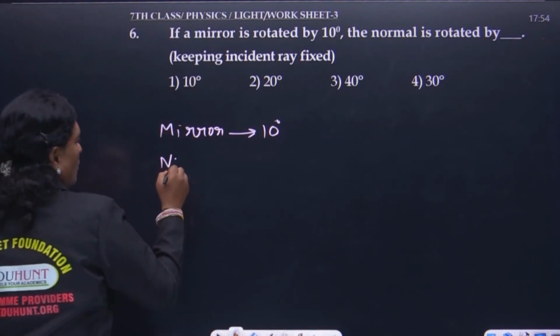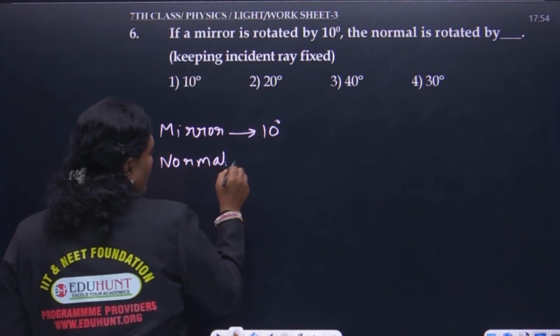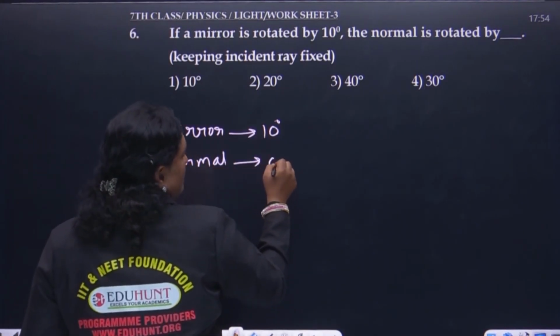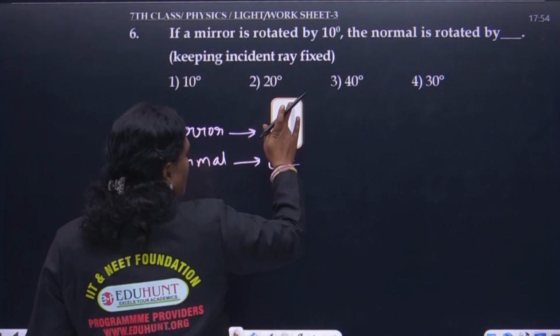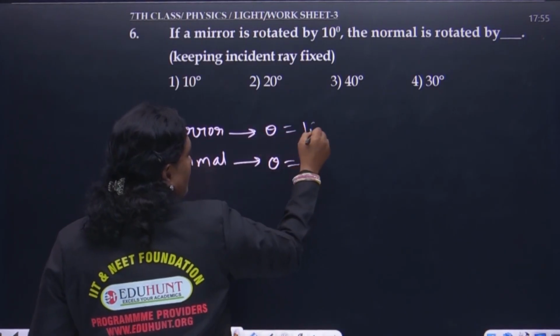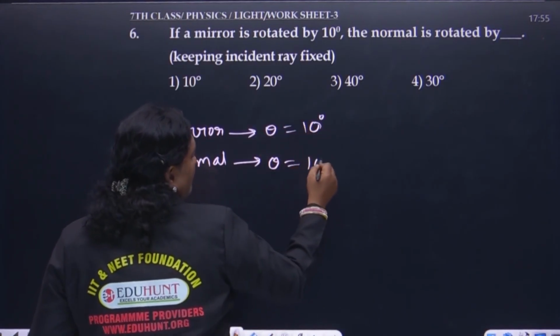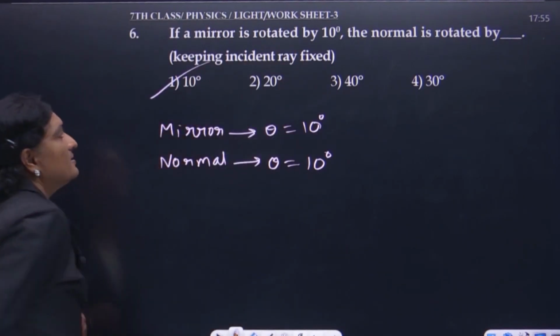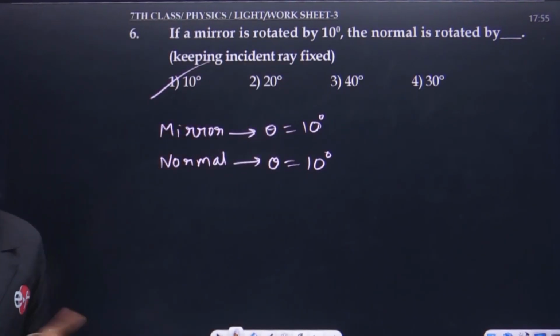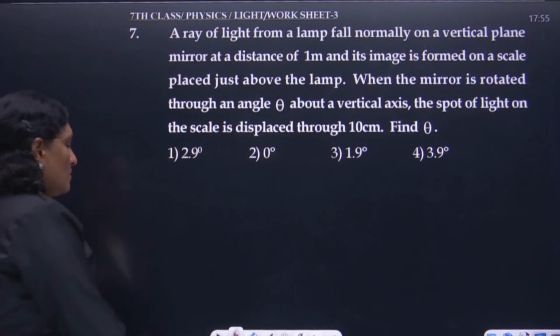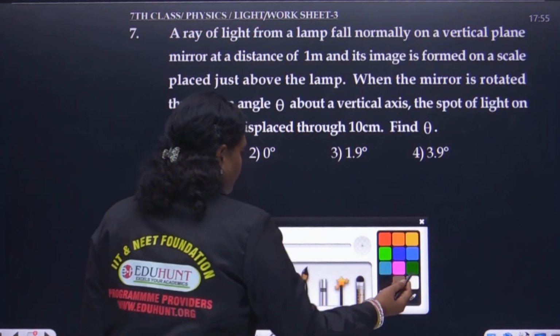So the normal rotates by theta only, given as 10 degrees, then this will also be 10 degrees. Hence the correct option is option 1. Moving ahead with the next question, question number 7.